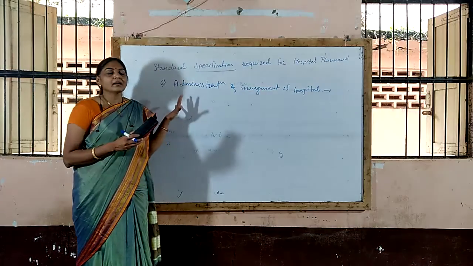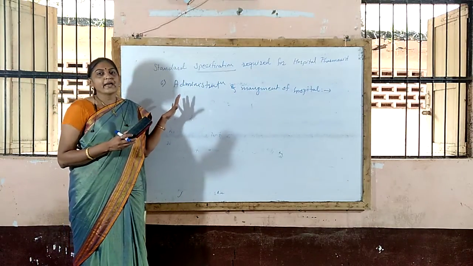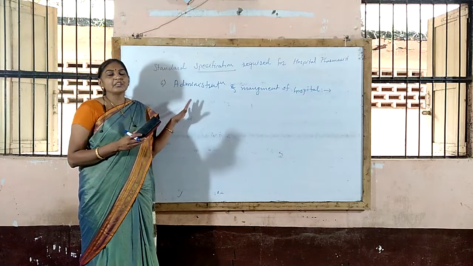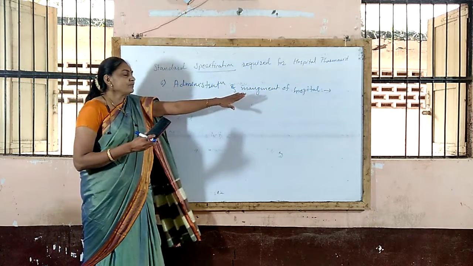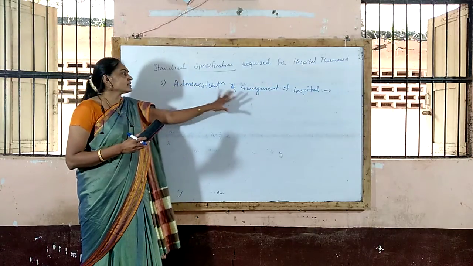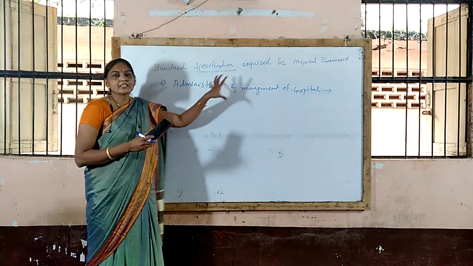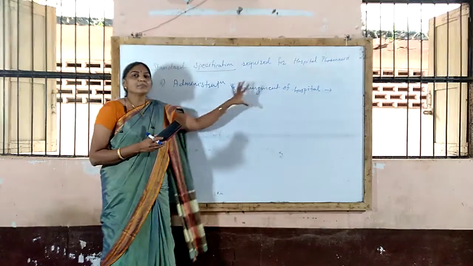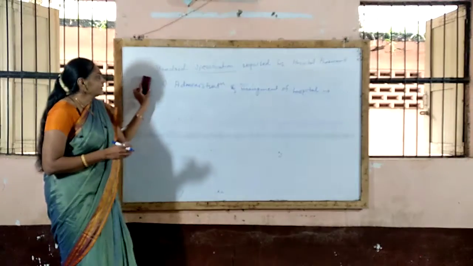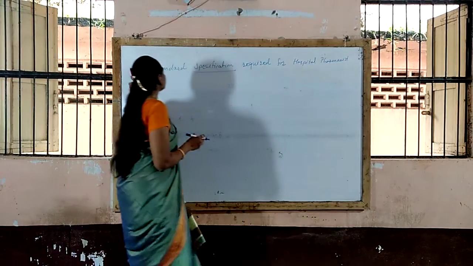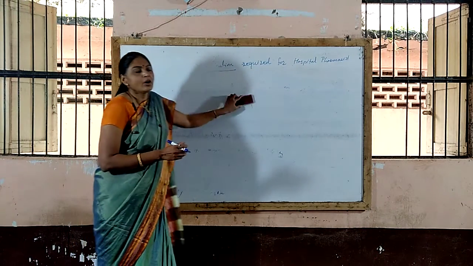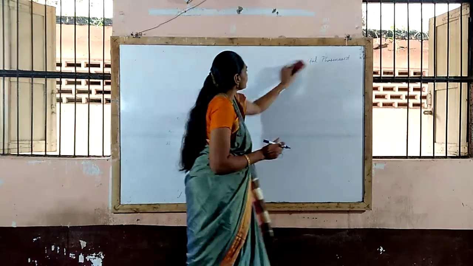Whatsoever policies are governed by the pharmacy and therapeutic committee must be implemented inside the hospital by the hospital pharmacist. That's why he is involved in both administration as well as management of the hospital pharmacy. These are the various standard specifications that are required to run a hospital pharmacy.